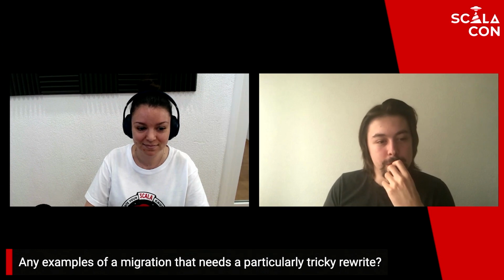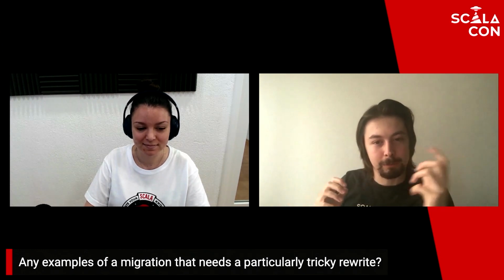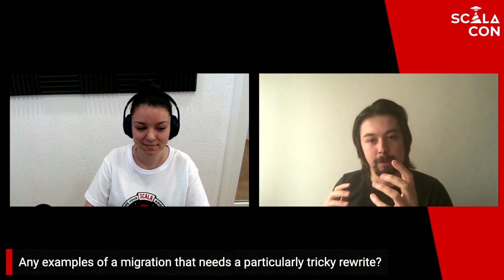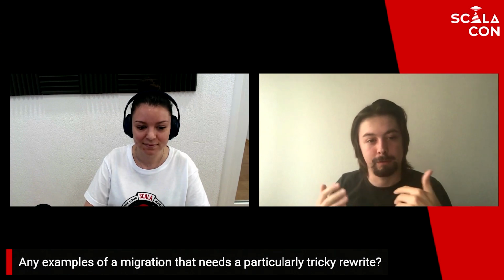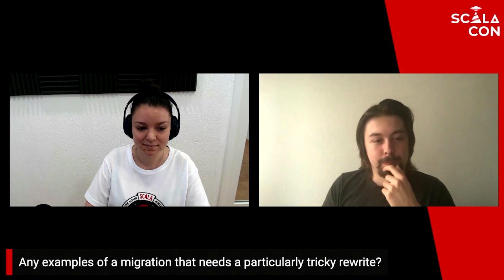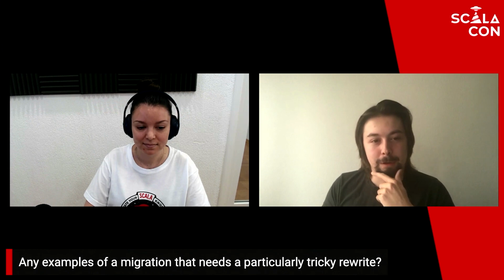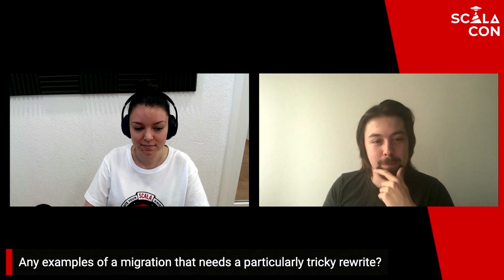If we did the thing where you had to split up the libraries, that would have been totally impossible. So they had to port their macro in Scala 2 to Scala 3 to bundle it together. So usually when it has a macro, that's kind of the toughest thing to rewrite.